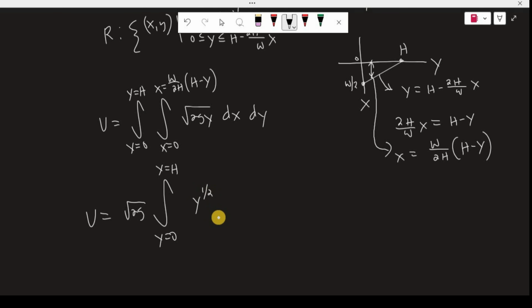And now we have to write the integral first. x equals 0, x equals w over 2h times (h minus y), and then y to the 1/2 dx dy.